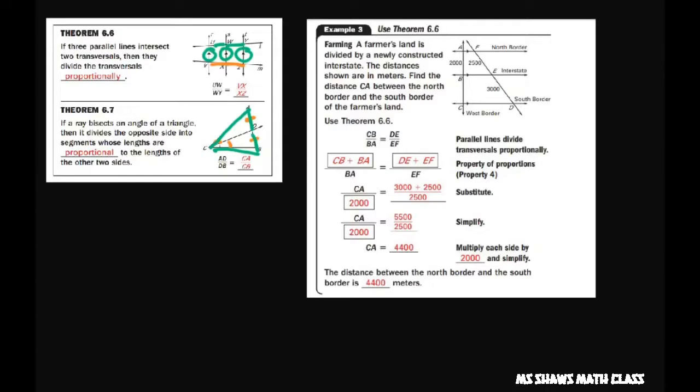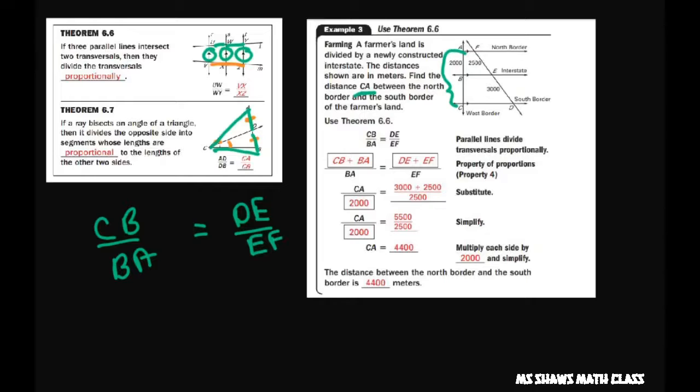So here's an example here, and we want to find the distance CA. So we want to find CA, this whole distance here, and so they have used the theorem CB divided by BA equals DE divided by EF.